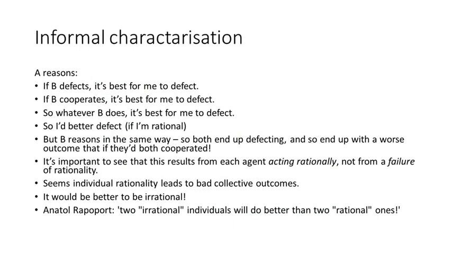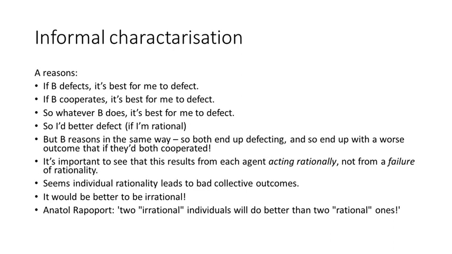Suppose B cooperates. Well, if B cooperates, what's rational for me to do? Well, again, it's best for me to defect, because if B cooperates and A also cooperates, they both get a year in prison. But if B cooperates and A defects, A gets set free.